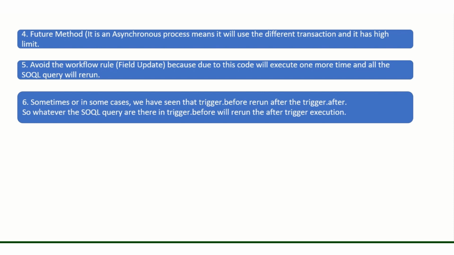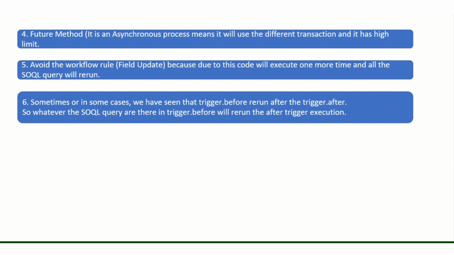Another big thing is that when you are getting the SOQL limit, right? Also try to avoid the workflow rule if it is there, because if we use a field update in the workflow, there might be a chance the trigger will run again, and once the trigger reruns, all the SOQL will rerun.